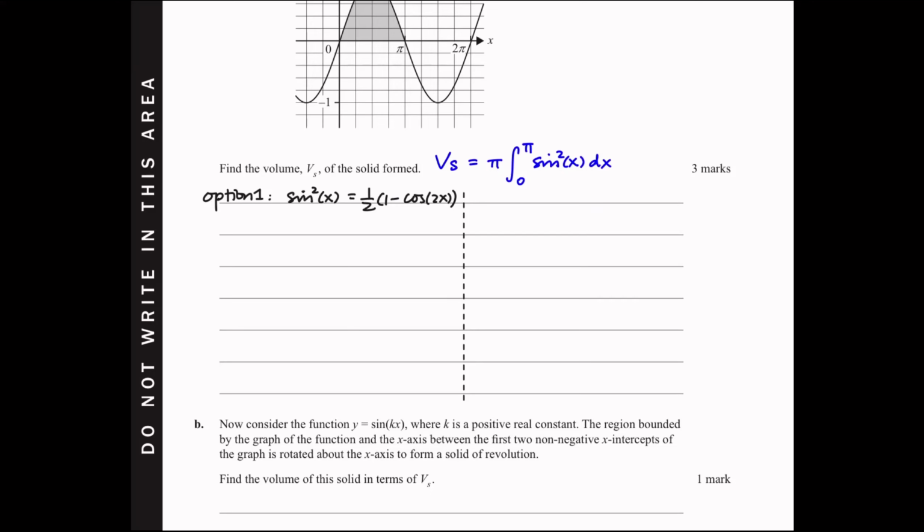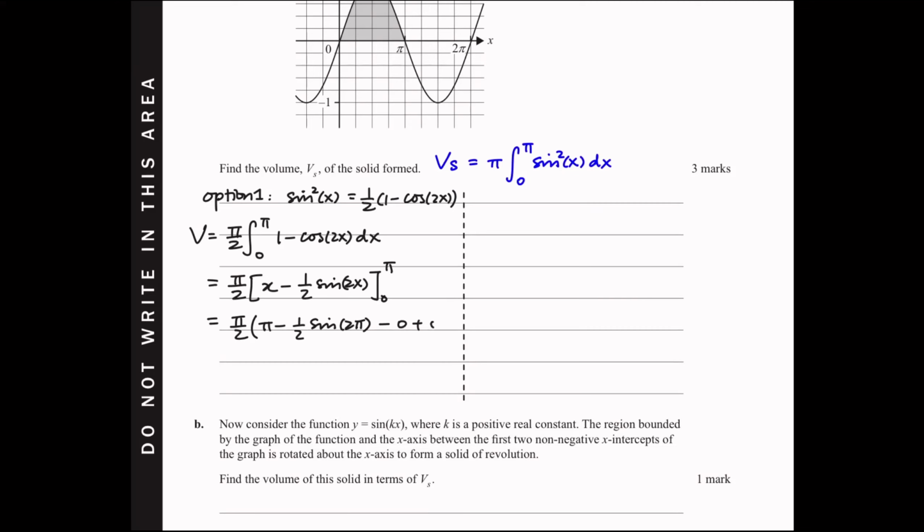So this is the reduced power formula or half angle formula. Eventually, your V is half pi integral 0 to pi of (1 take away cosine 2x) dx equals half pi [x minus half sine 2x] from 0 to pi. So you get half pi times pi minus half sine 2 pi.